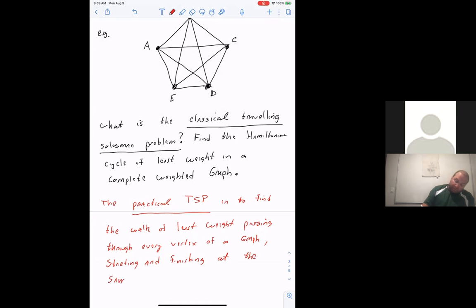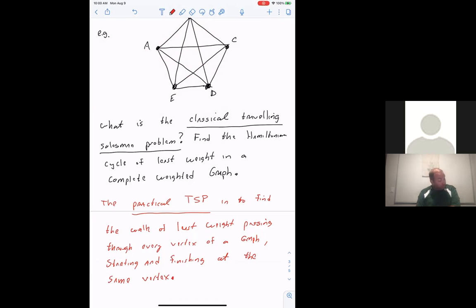So what makes the practical one different from the classical one is that we do not require completeness. The classical one has to be complete. The practical one does not.